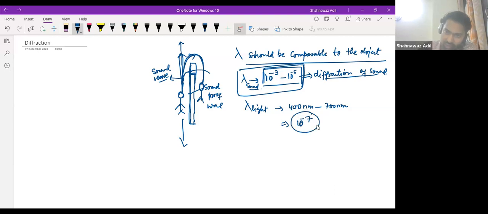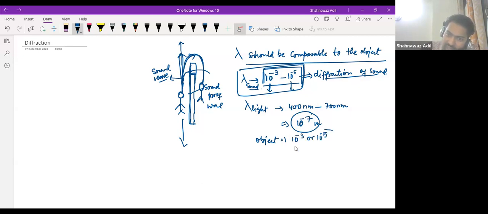In our daily life, the objects are in the milli and micro range, with size 10 to the power minus 3 or minus 5.